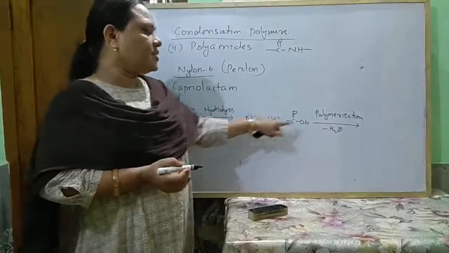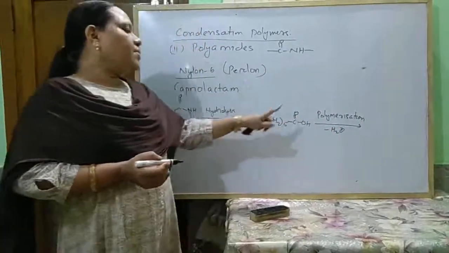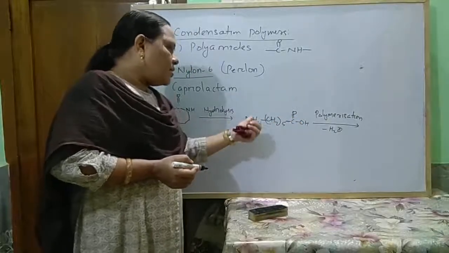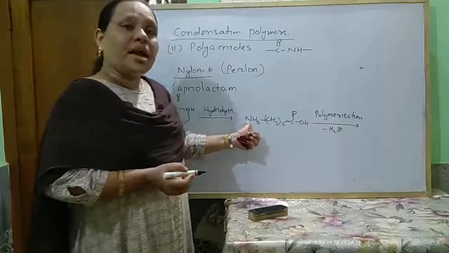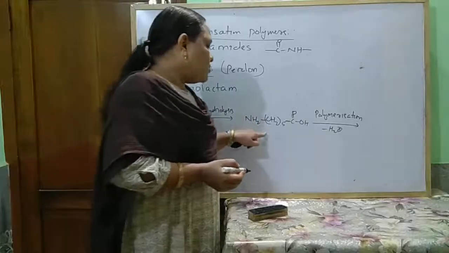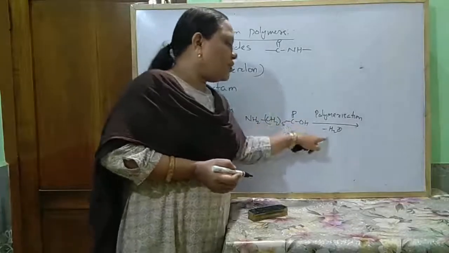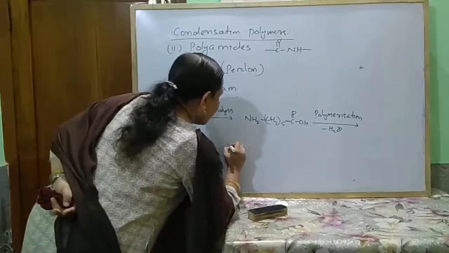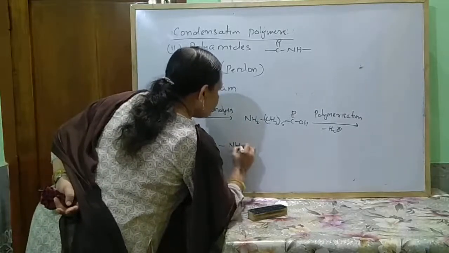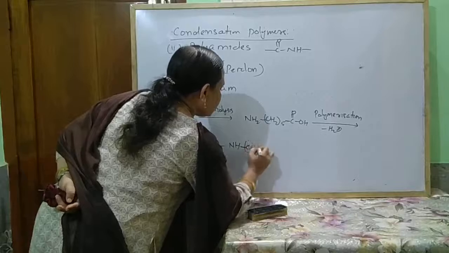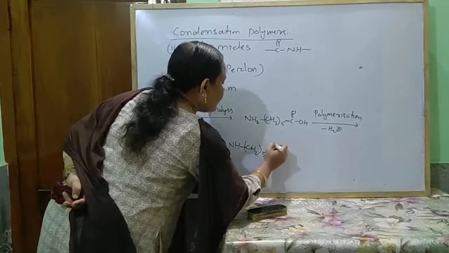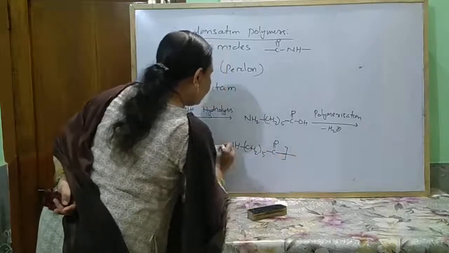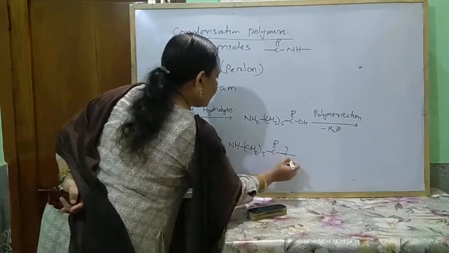If there is another 6-amino hexanoic acid, then OH of another acid and hydrogen of this amine group condense to form this water molecule, and it forms NH(CH2)5CO. So this group is the repeating unit.